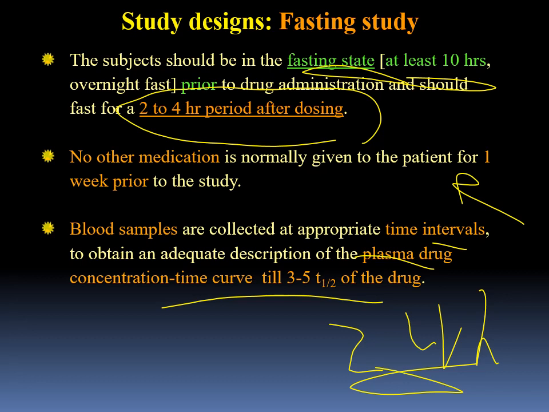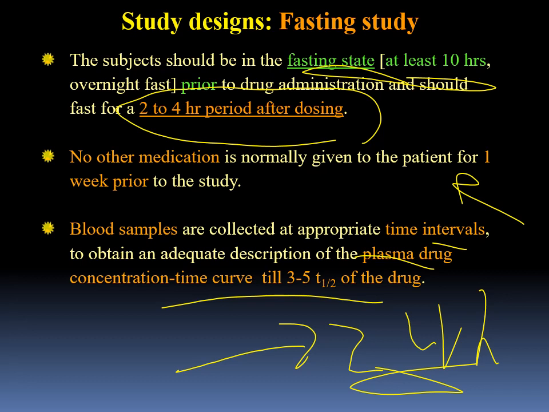For example, if the drug has a 1 hour t-half elimination, 3 to 5, let's take 5 t-half. 5 t-half for 1 hour means 5 times 1 equals 5 hours. So the study should extend up to 5 hours. We have to take samples up to 5 hours. But there is another condition, that the minimum is 24 hours. So for a drug having a t-half elimination of 1 hour, we should have the study for 24 hours.